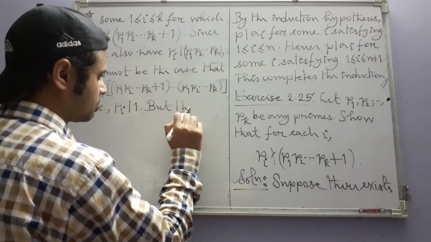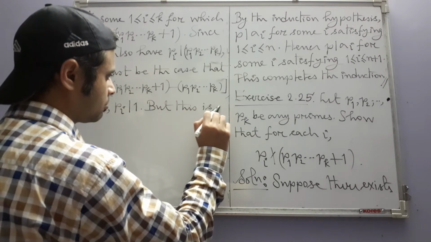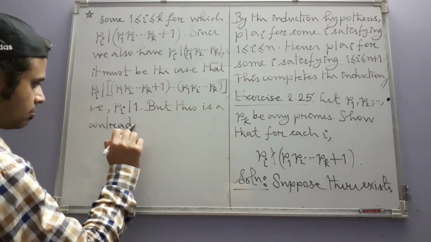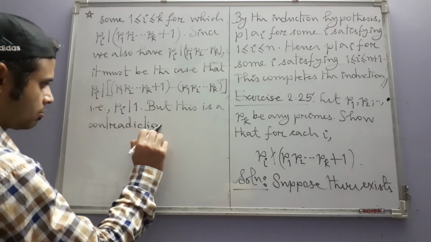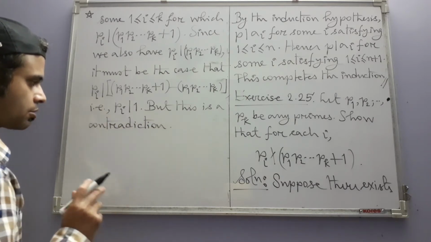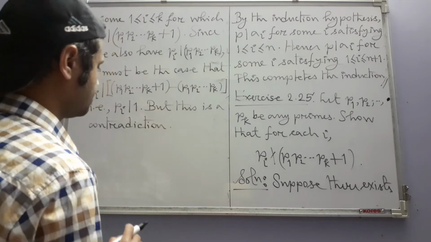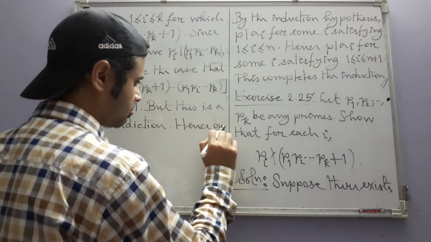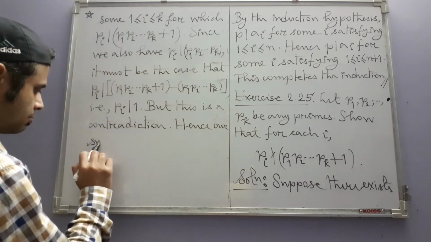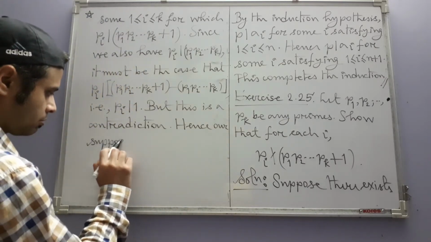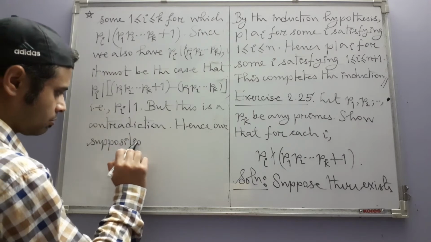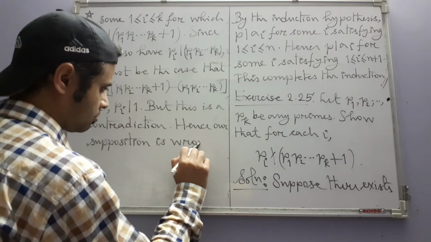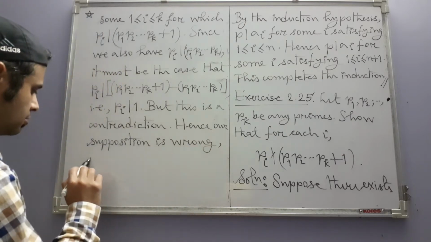But this is a contradiction. Because no prime divides 1. Hence, our supposition is wrong.